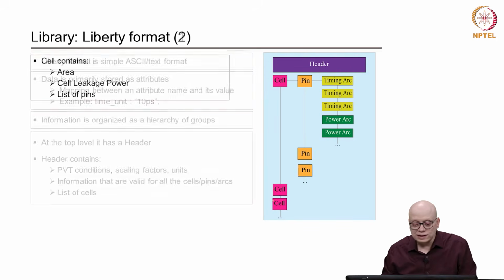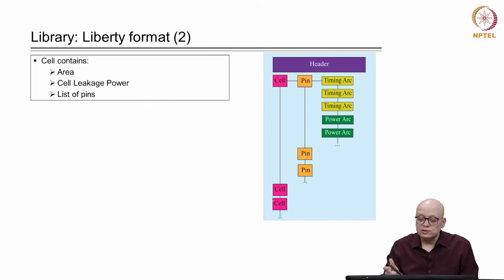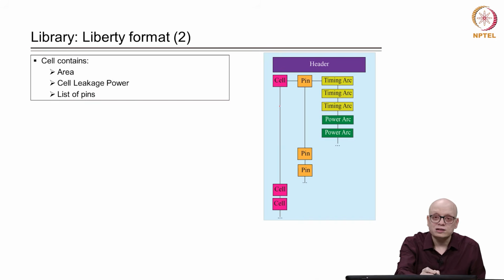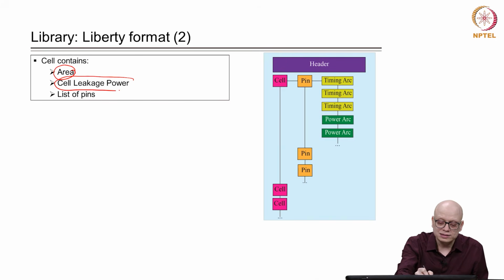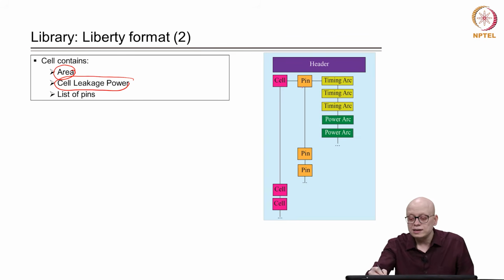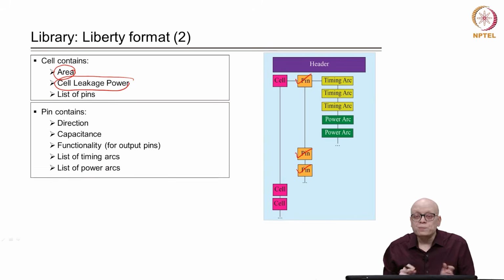Now, what does a cell contain? A cell contains information which is relevant for the cell, for example, its area, the leakage power at the cell level, and then it will contain a list of pins. Now, what does a pin contain?